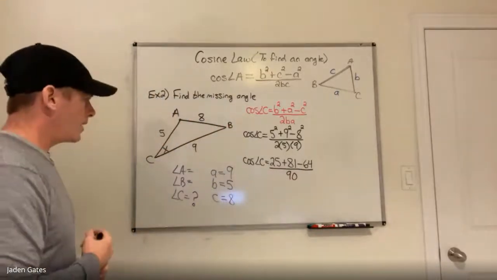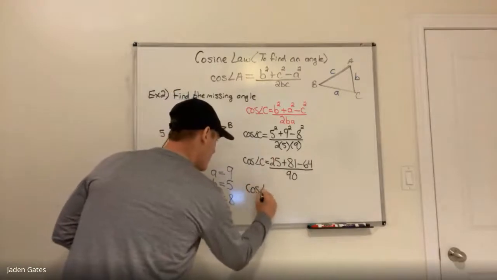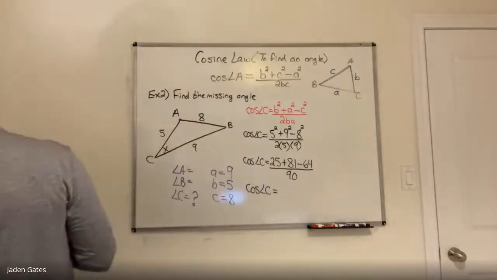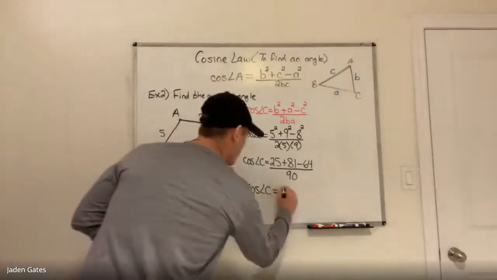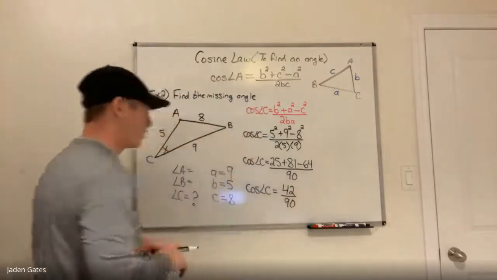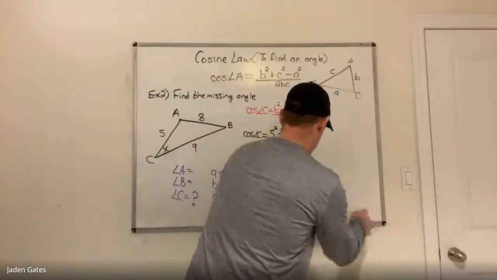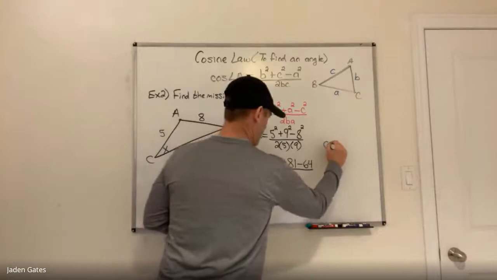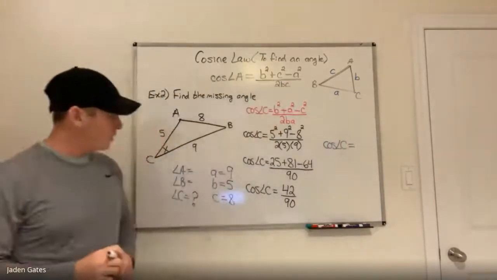Again, I'm going to simplify up top first. So I have cos angle C. Let's put those together. I'm going to use a little calculator there. We get 42, and I still have 90 as my denominator. Almost there, last 2 steps. I'm going to figure out that as a decimal. So I have cos angle C, 42 divided by 90.